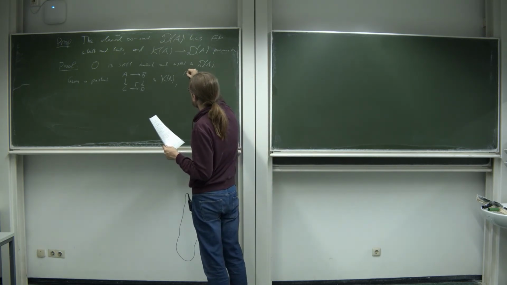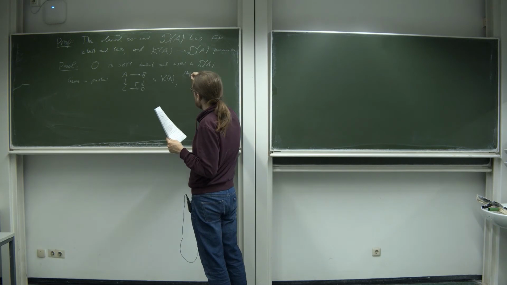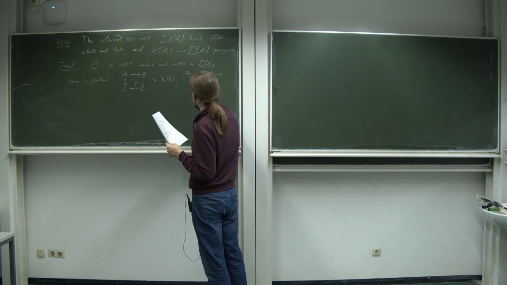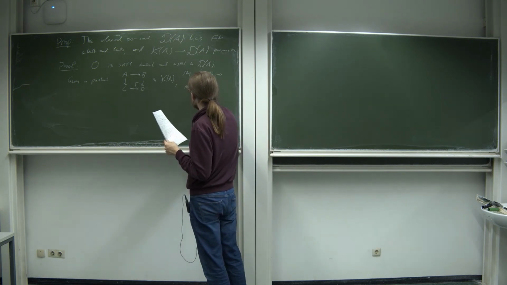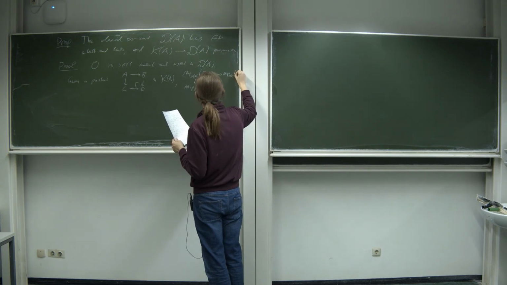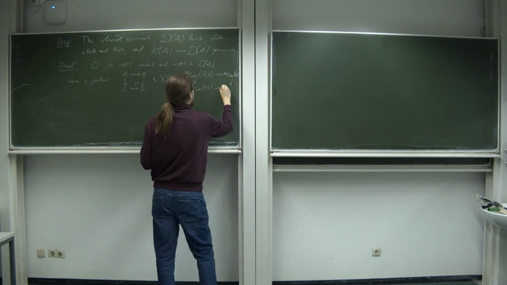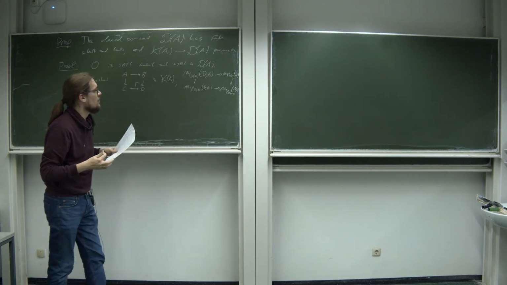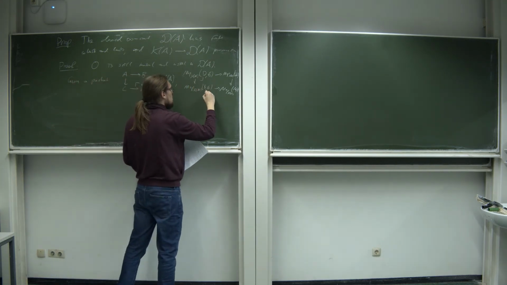It amounts to saying that if we take maps in K of A from this into any E, so from D into E, from B into E, from C into E, and from A into E, then this is a pullback in spaces.